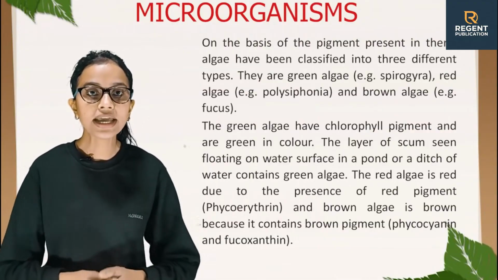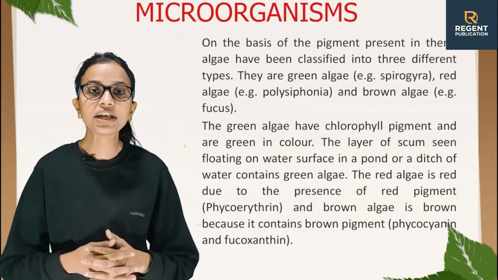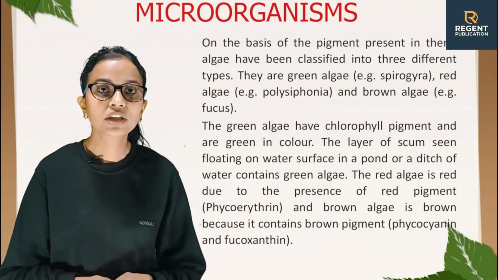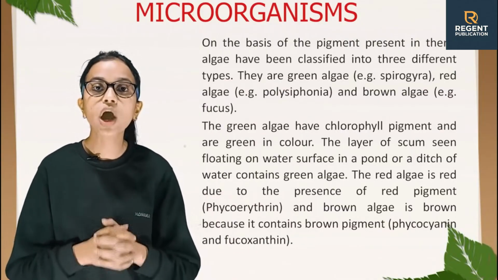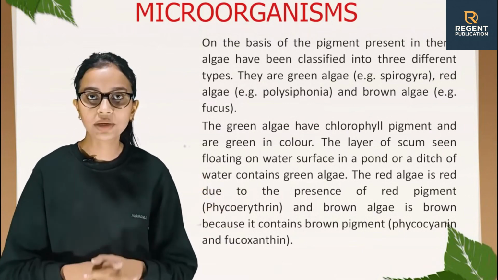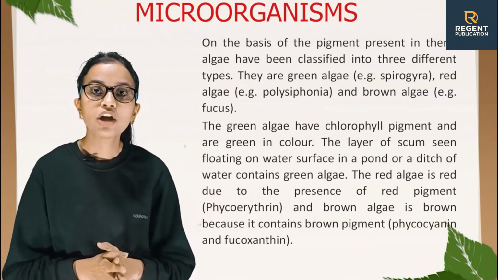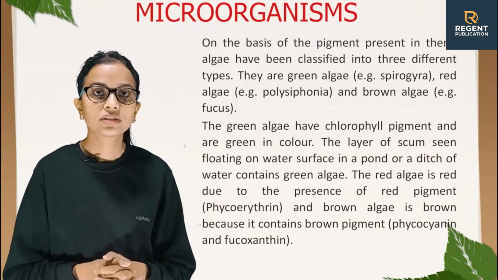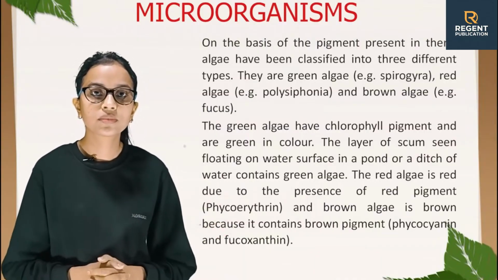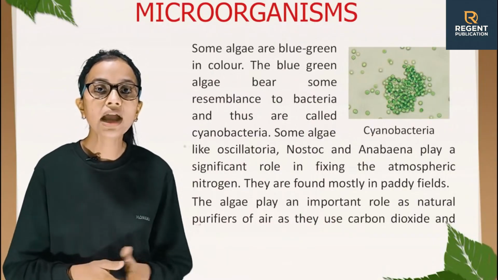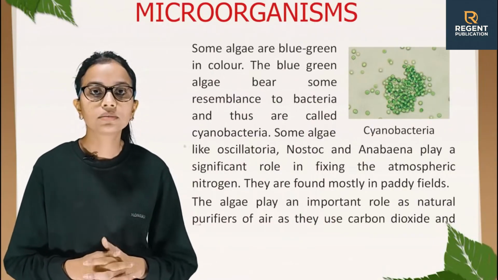The red algae is red due to the presence of red pigment, that is phycoerythrin, and brown algae is brown because it contains brown pigment, that is fucoxanthin. Some algae are blue-green in color.